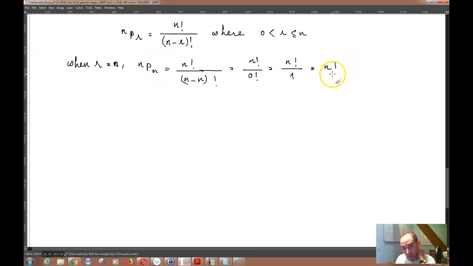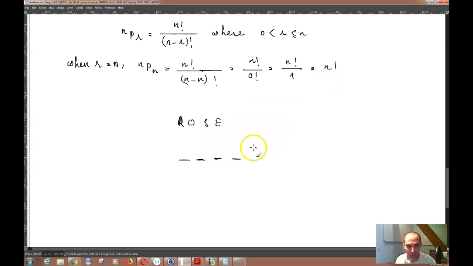And what that means is that you have, for example, 4 letters, for example ROSE, and you want to know how many 4-letter words you can build with these 4 letters.